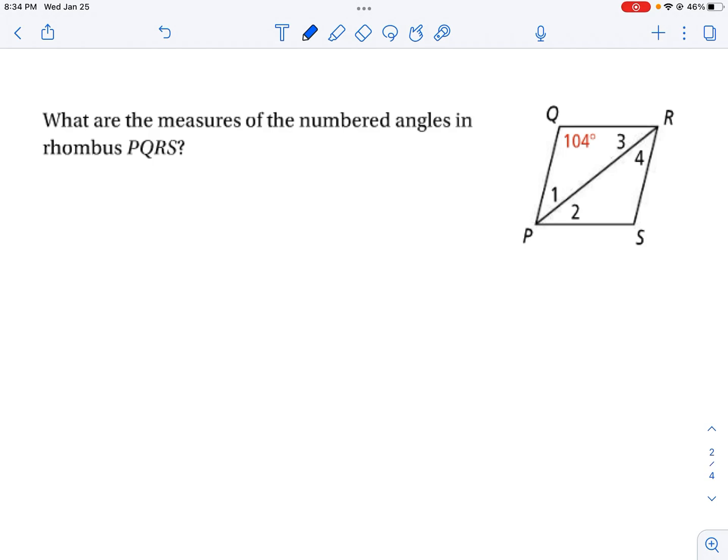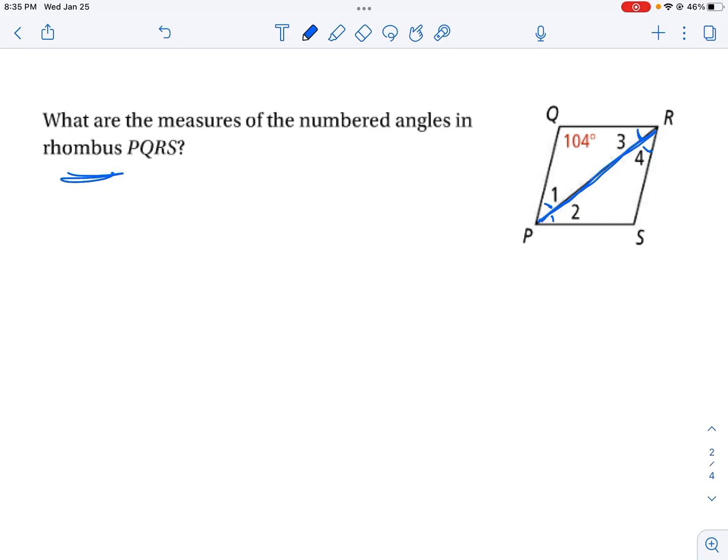On your next example, we want to find the measure, same thing, of the numbered angles. So in this case, again, they're telling you it's a rhombus, but all rhombuses are parallelograms, so it has all the characteristics of a parallelogram. So in this case, we know that this diagonal is bisecting these two angles.